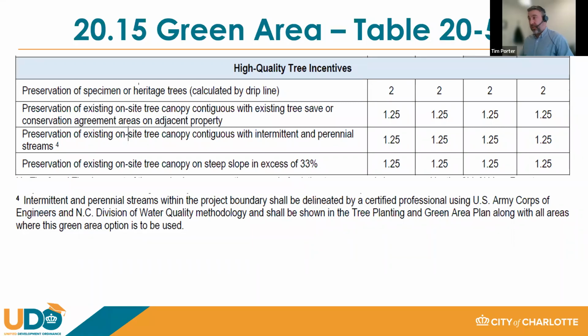They're not contiguous, but if there's a primary patch and a secondary patch, if there are specimen trees and heritage trees within those areas, that could be considered an exception where there's multiple patches that are not contiguous, but they could meet that requirement. And we're developing a guideline that better states that from what I just said. But yes, there are scenarios where there could be exceptions. Hopefully that answered the question.